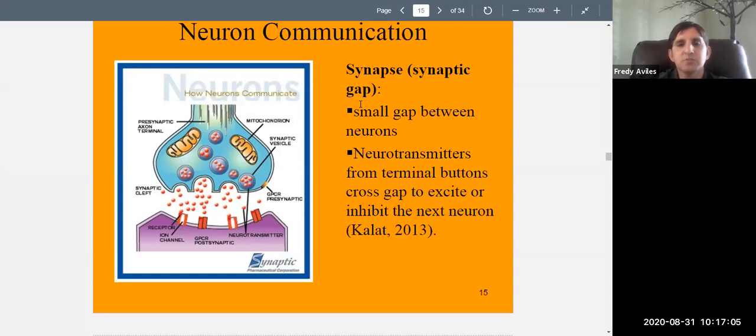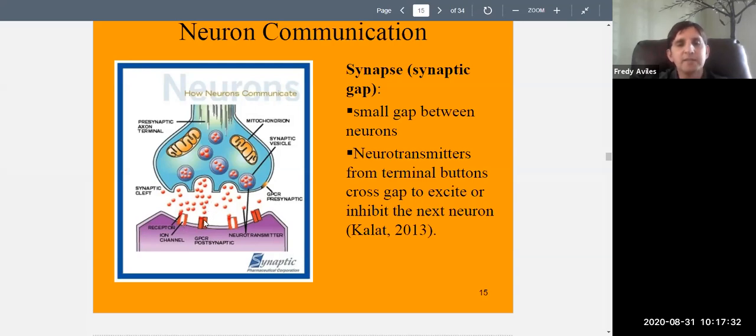The neurotransmitters from the terminal buttons are held in these things called synaptic vesicles, and then they fuse with the outer layer over here of the terminal buttons, and then they are released, and they flow across to the next cell, where they can excite the next cell or inhibit the next cell. And what these neurotransmitters do is they will attach themselves to what are called receptors.